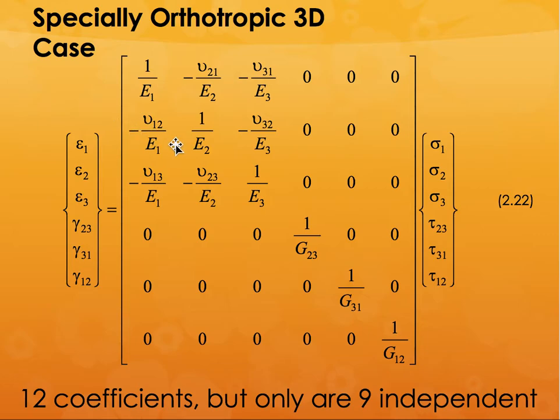This becomes a very simplified way of representing these values. You have 12 coefficients, but only 9 are independent. The rest of them can be calculated from the other values.